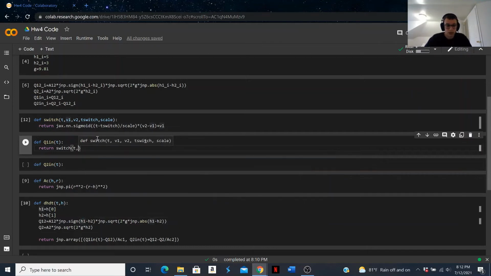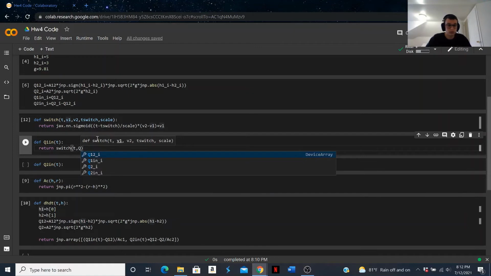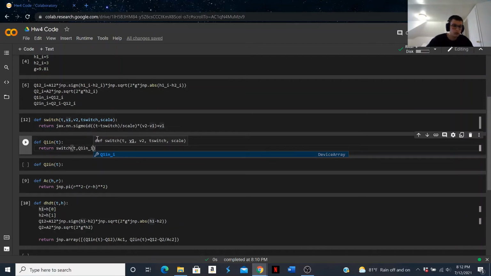So we have our time, we have our V1, which is our Q1 in initial, and then our second flow rate, it says it reduces by 80%. This is for tank 1 again. Reduces to 80% of its original flow rate, which we know is just 0.8 times the original flow rate, which is our Q1 in initial.